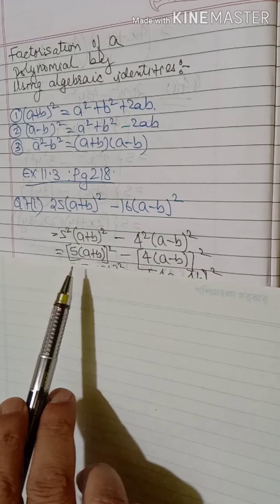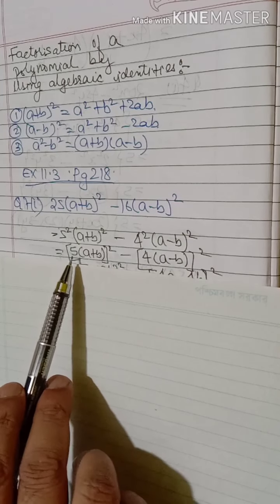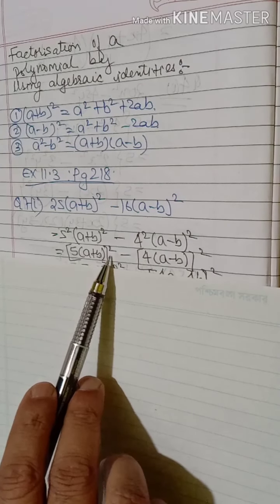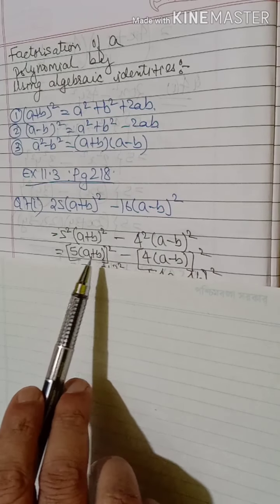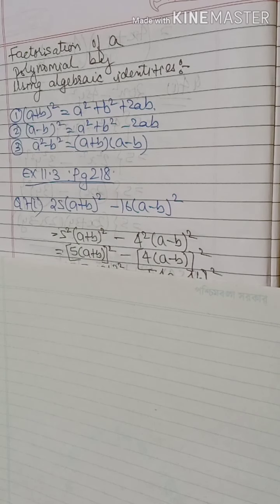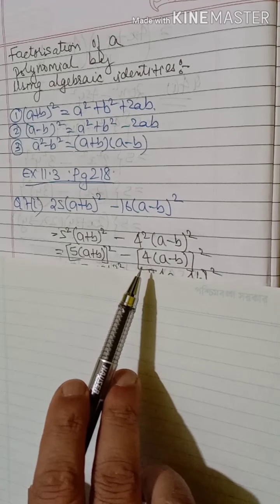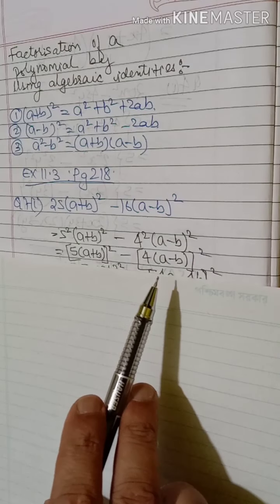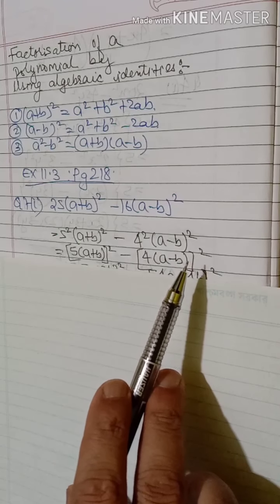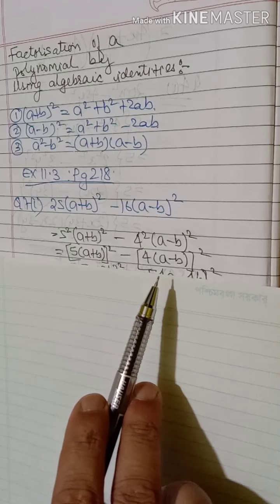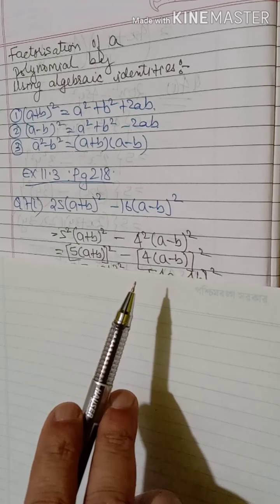That means (5(a plus b)) whole square. This square is applicable to the 5 and also to the a plus b. In the same way, (4(a minus b)) whole square, with the square applying to the 4 and the a minus b.